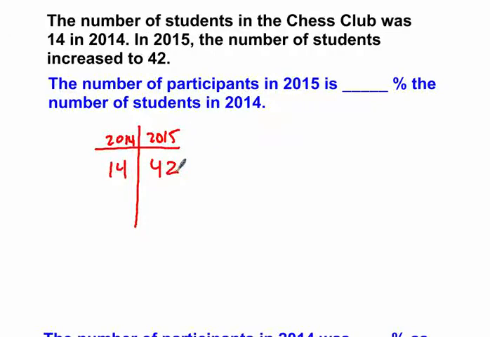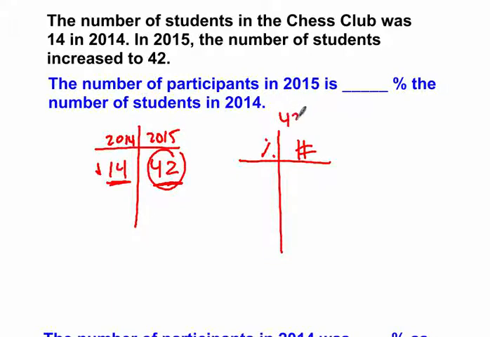So we want to say the number of participants in 2015, which is 42, is what percent of the number in 2014? I'm going to do the same type of table again. 100%. So we want to find out 2015 is what percent of 2014, or 14. 42 is what percent of 14.